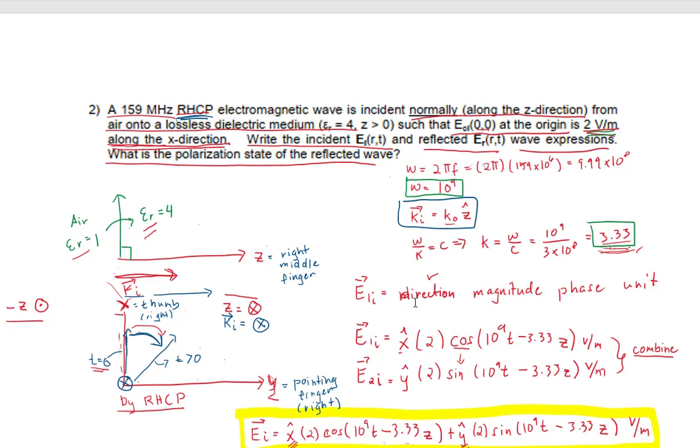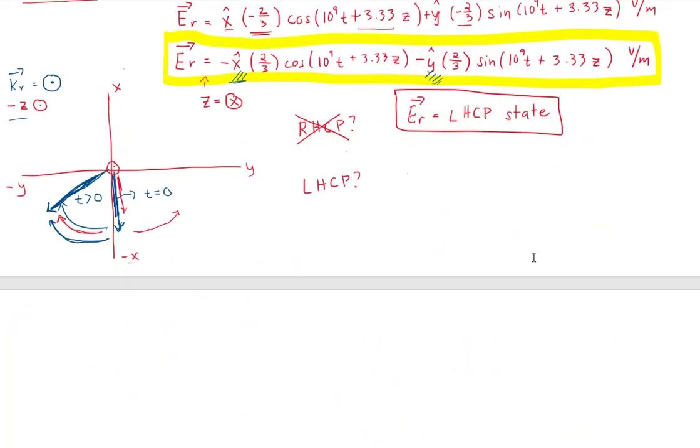And just to compare, I don't know if you've seen the last video, but it's almost the exact same thing, except for that one we got started with left hand circular polarization for E sub i, and we ended up with RHCP for E sub r.